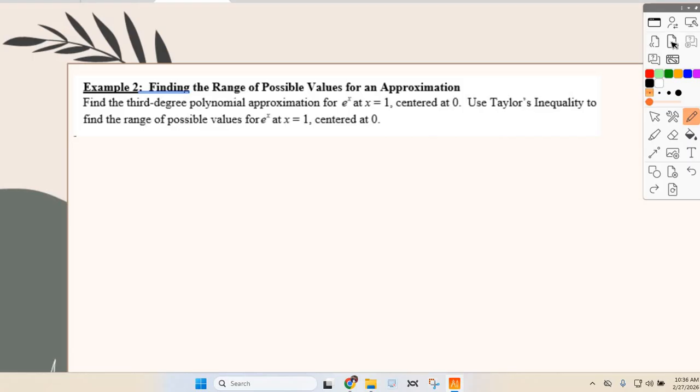So this is where it helps us if we remember what our e to the x formula is.